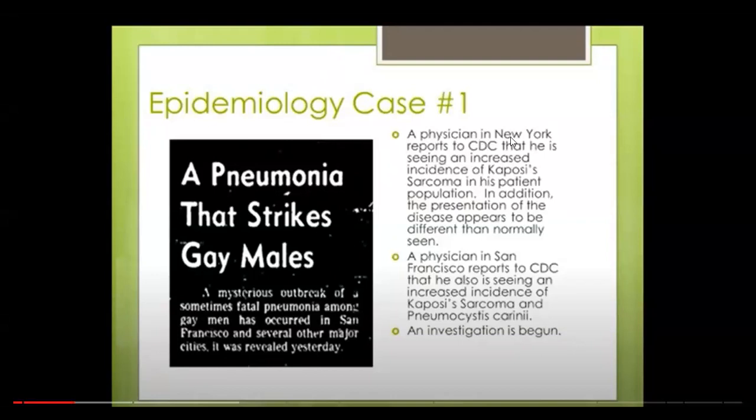A physician in New York reported to the CDC, the Centers for Disease Control, that he was seeing an increase in the incidence of Kaposi sarcoma in his patient population. Incidence means new cases, right? In addition, these presentations of the disease appeared different from what was normally seen.